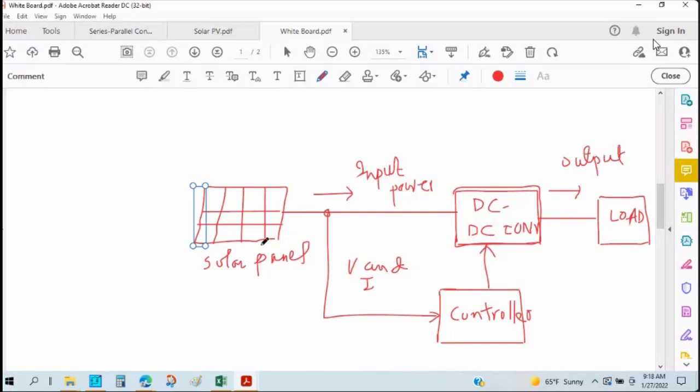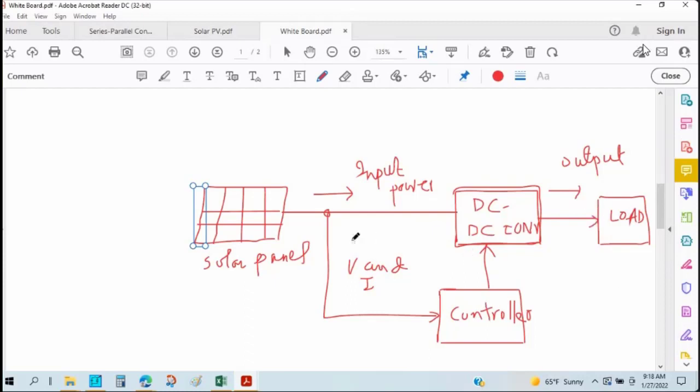Initially, in the previous diagram, the solar panel was directly connected to the load. And you have seen that if we directly connect the load with the solar panel, we get less power from it. It's not possible to extract the maximum power. To extract maximum power, we are using a DC-DC converter as well as a controller.